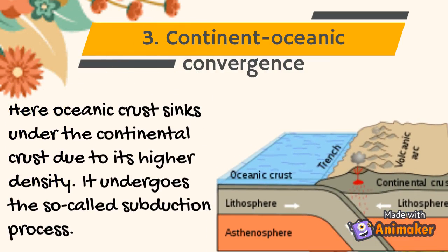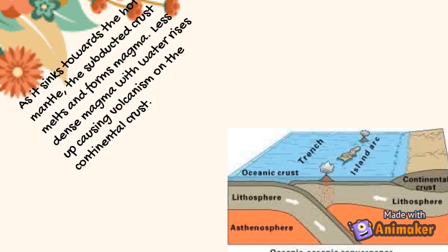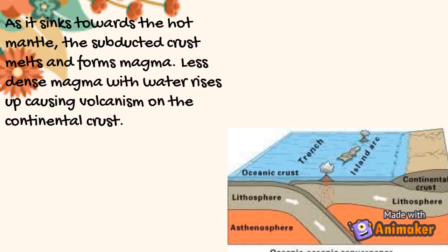The last one is continent-oceanic convergence. Here, oceanic crust sinks under the continental crust due to its higher density. It undergoes the so-called subduction process. As it sinks towards the hot mantle, the subducted crust melts and forms magma. Less dense magma with water rises up, causing volcanism on the continental crust.